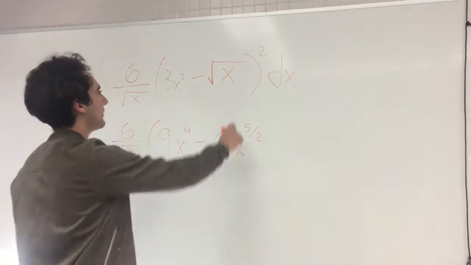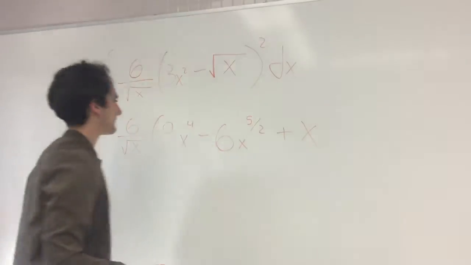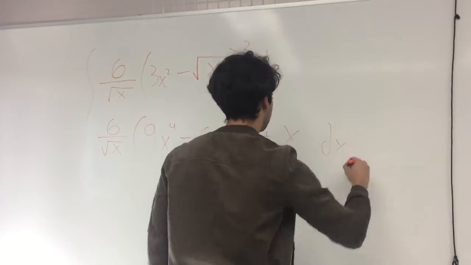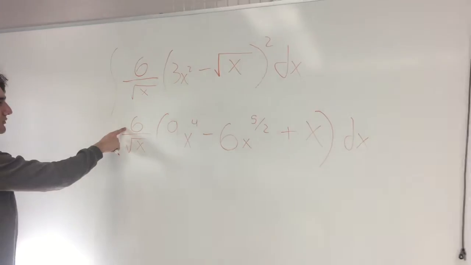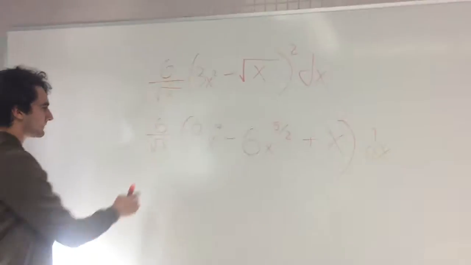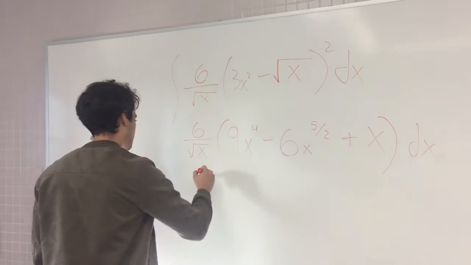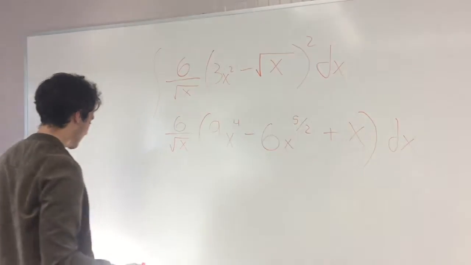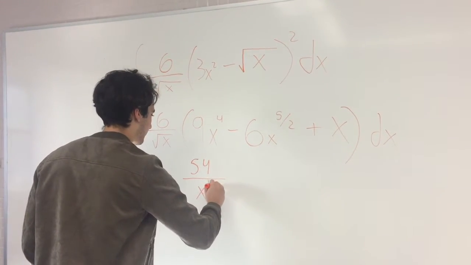So in the end it will be 6x^(5/2) plus x alone, since the square root to a power of 2 will just leave an x. Now we're going to multiply what's on the outside by what's on the inside. To make it easier, the square root of x we're going to turn into x to a power of 1/2.